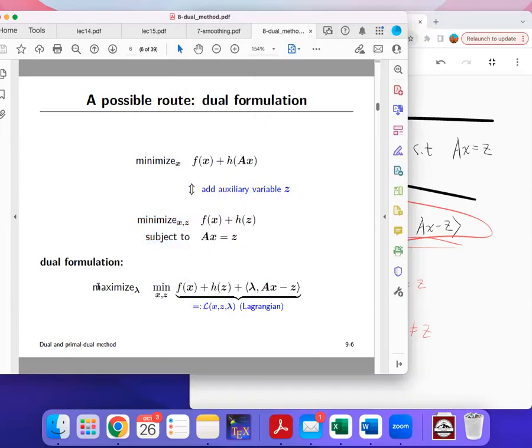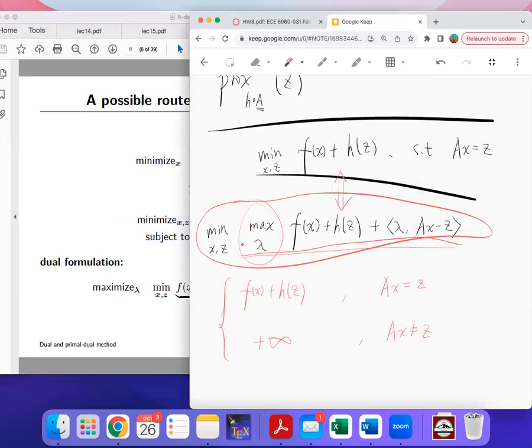And this dual formulation is basically switching the order between this min and max, right? So in this equivalent form, we are doing max first. The maximization is inside, and then outside we have minimization.